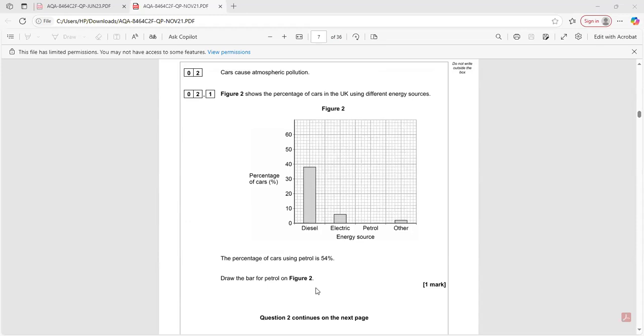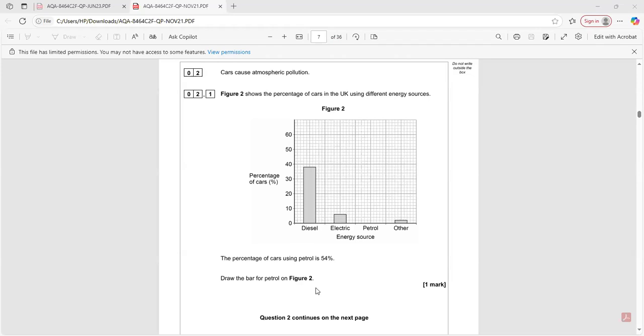The next one gives us a fact, which we know is obvious. Cars cause atmospheric pollution. It says figure 2 shows the percentage of cars in the UK using different energy sources: diesel, electric, petrol doesn't even seem to show, and other.